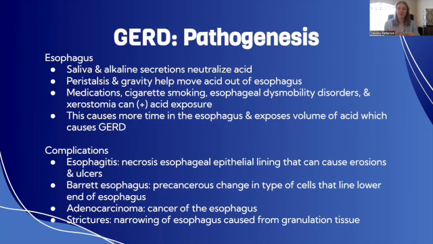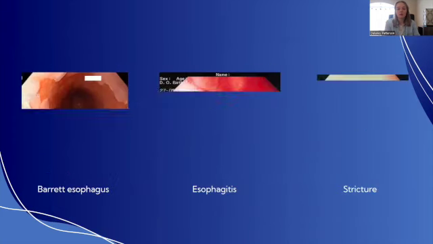Having those can increase the acid exposure, which can cause more time in the esophagus, which can increase someone's likelihood to develop GERD. Some other complications associated with GERD include esophagitis, Barrett esophagus, adenocarcinoma, or strictures.